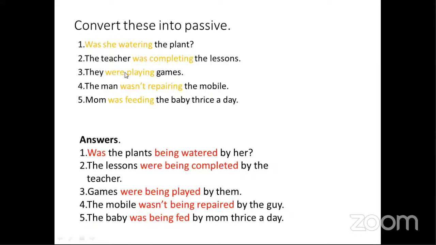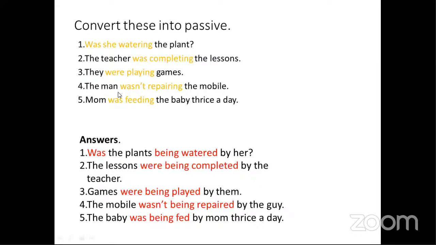They is the subject, playing is the verb, games, that's the object. Then how is it? Games, this object, comes as the subject of the passive. Then games, it's a plural, were, then you have to get being, were being, then what's the past participle verb of this play? It should be played. Games were being played by them.